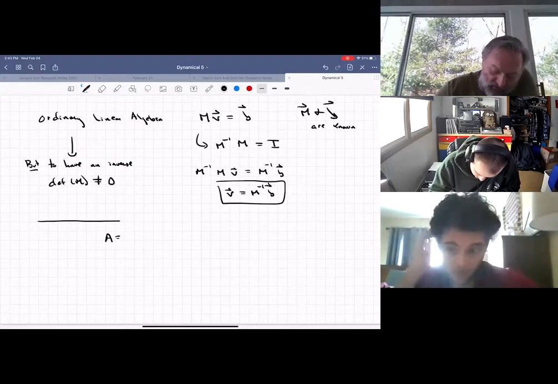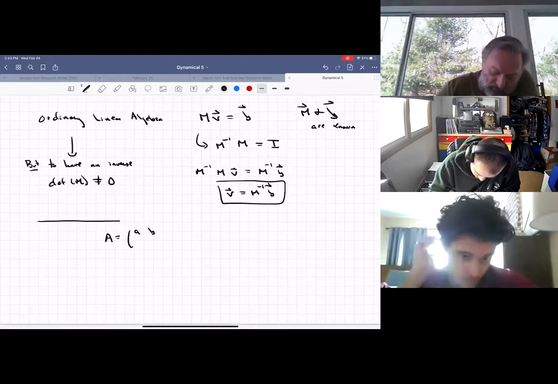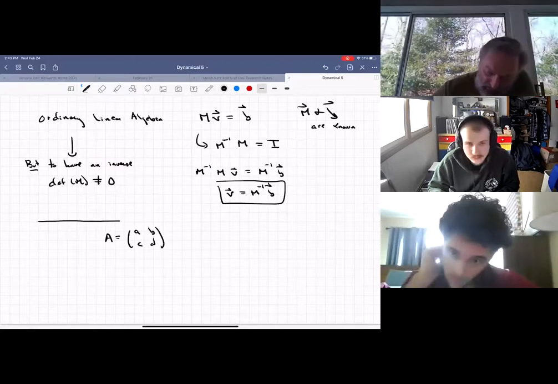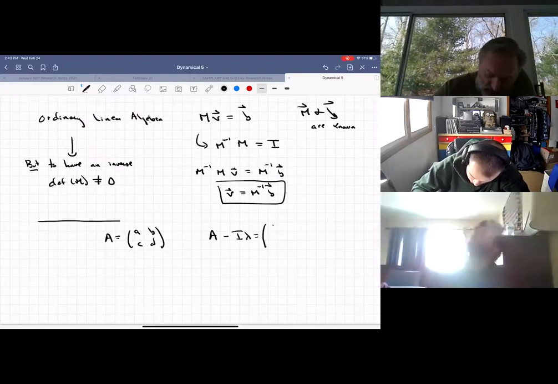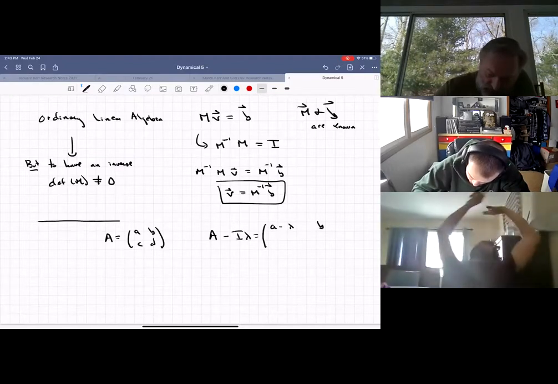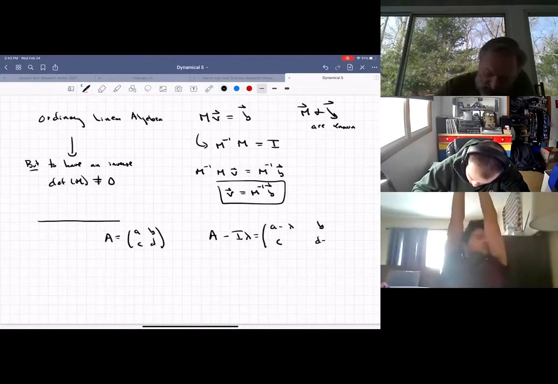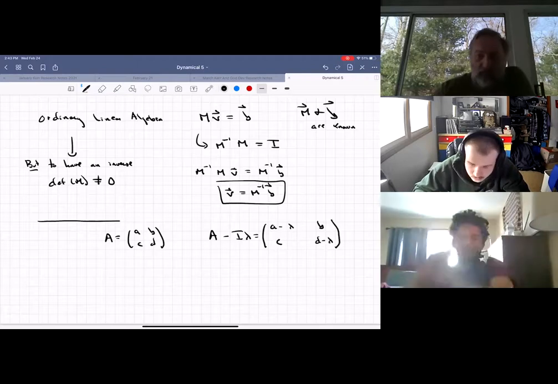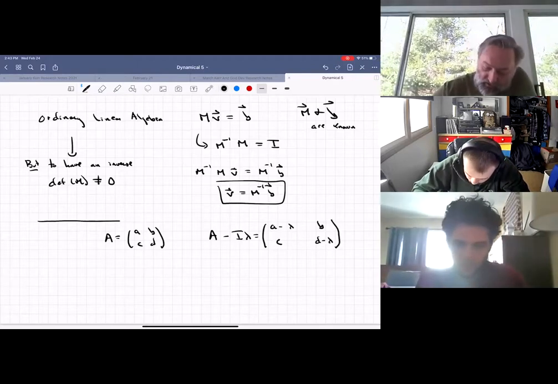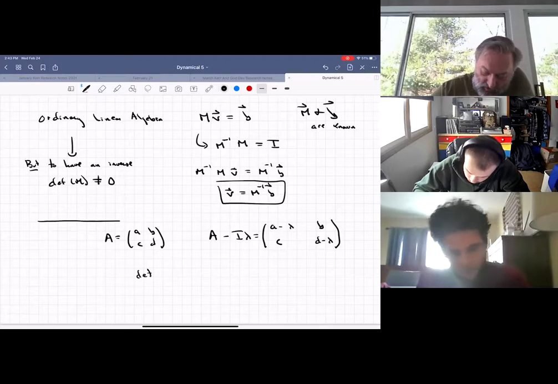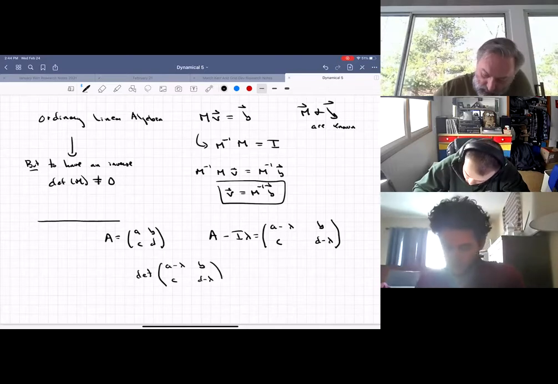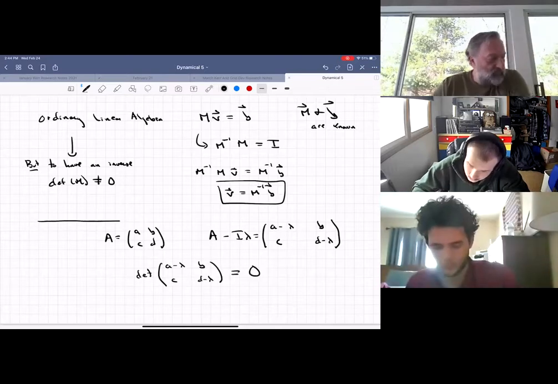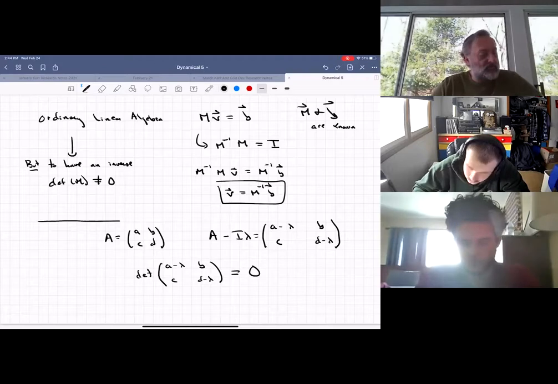Now my matrix A was A, B, C, D. I've done A minus I lambda, which is therefore A minus lambda, B, C, D minus lambda. And the condition that I'm interested in is that the determinant of that matrix is equal to 0.